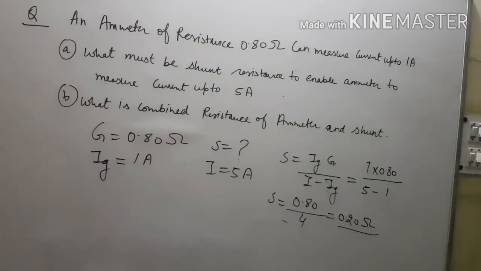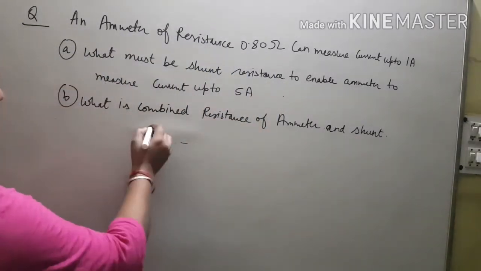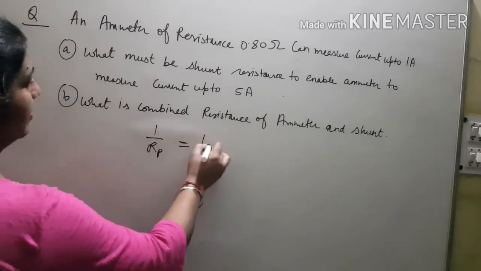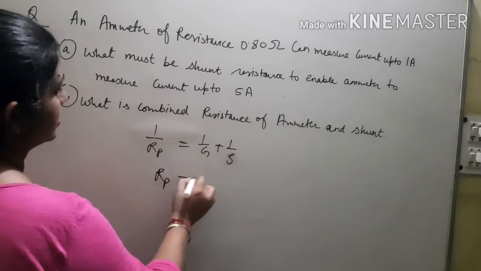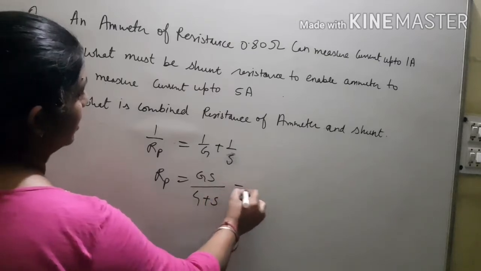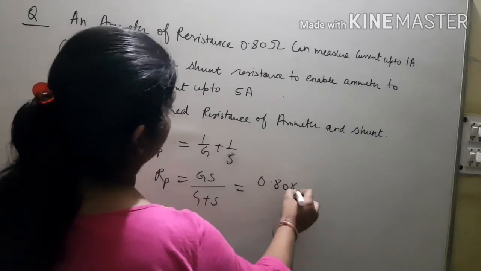Now the next part is: what is the combined resistance of the ammeter and the shunt? As you know, for making an ammeter, a shunt is connected in parallel to the galvanometer. So net resistance is 1 by G plus 1 by S, and this Rp is GS over G plus S. What is G? G is 0.8. What is S?